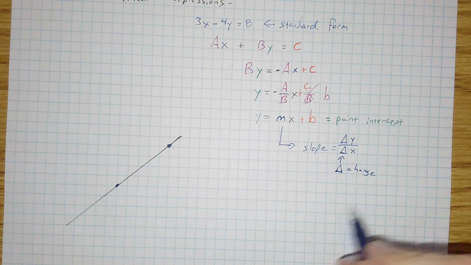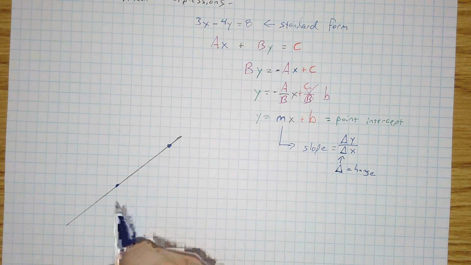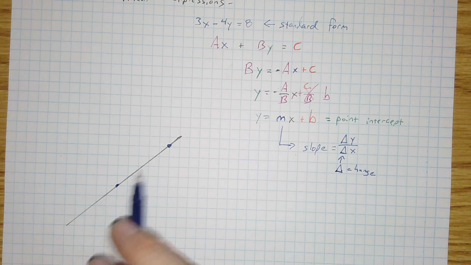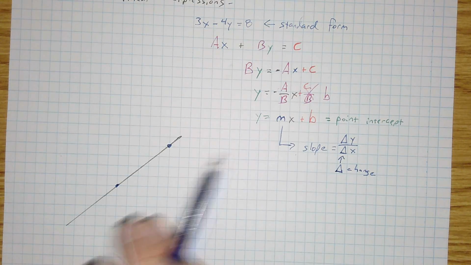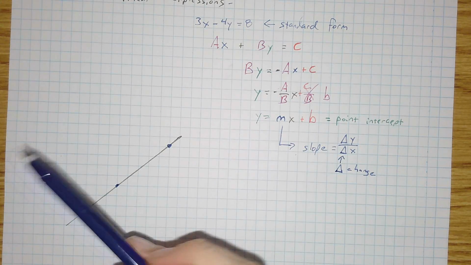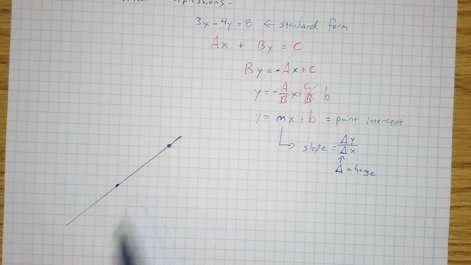Changes can be positive and changes can be negative. If you have a positive slope, it's going to slope upward from left to right. If you have a negative slope, it's going to slope downward from left to right. So I can already tell just by looking at it that this is a positive slope.